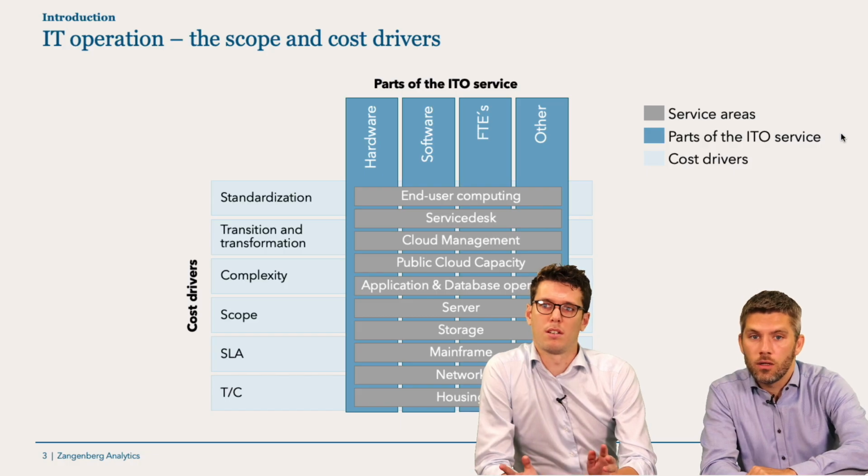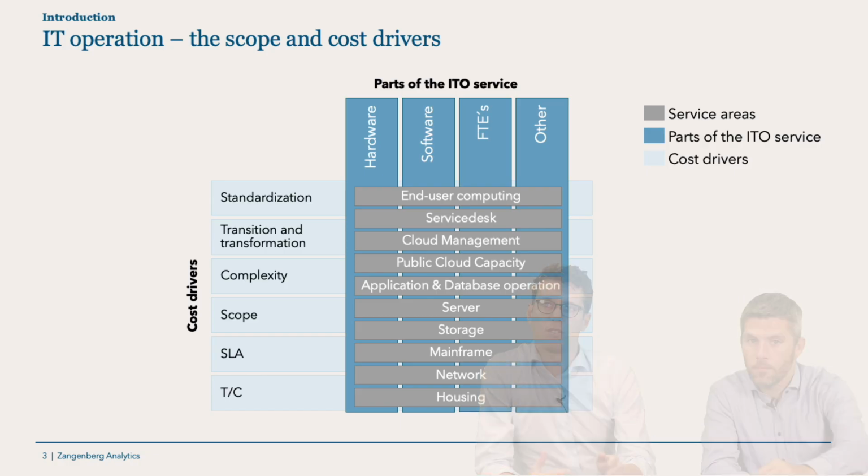So to start, we want to just clarify what we are talking about when we are talking about ITO. And what you see on the screen is a figure to show all the dimensions there is to an ITO agreement in our eyes.